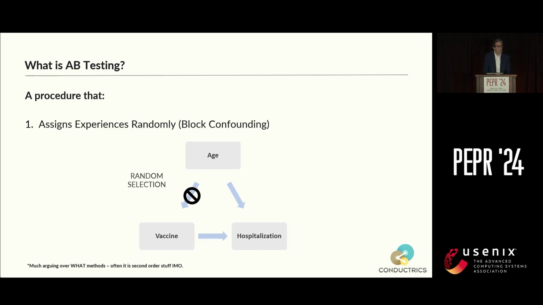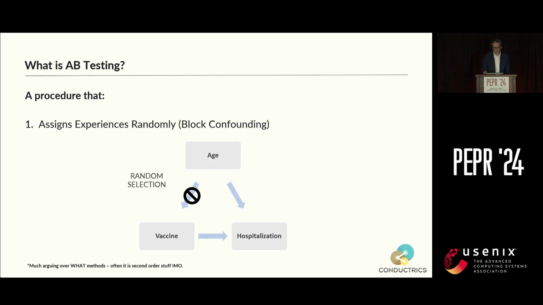Okay, so what is A/B testing? It's actually pretty simple. There are really two things. This first one is actually the most important, although it's the less sexy one, the one with less math in it. We just have a random assignment in order to block confounding. This is actually the most important part of an A/B testing procedure.